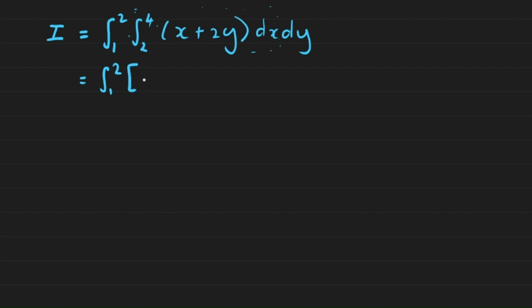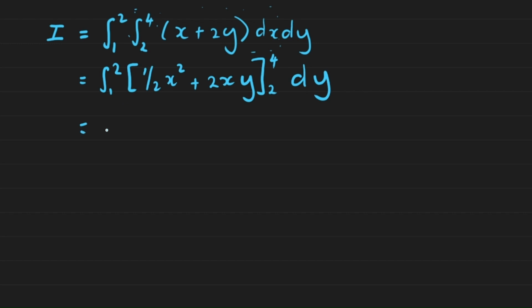So the integral of x with respect to x is a half x squared, and the integral of 2y, where 2y is being treated as a constant, is 2xy. So just the derivative of x becomes 1, and then you're left with 2y. And then this is being integrated from 2 to 4. Since we have already integrated with x, we can remove that dx. So we will just write dy at the end.